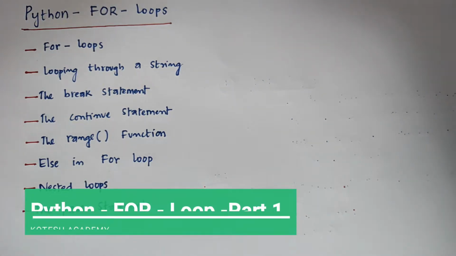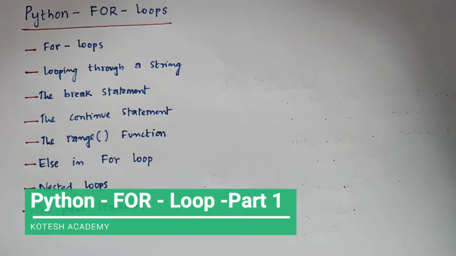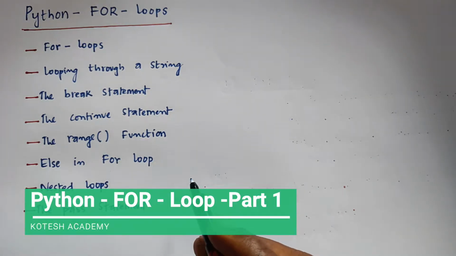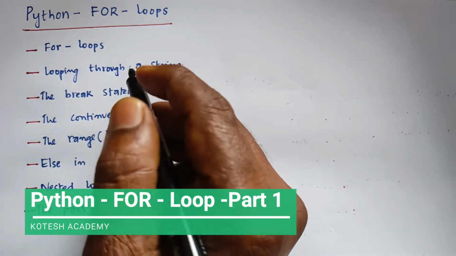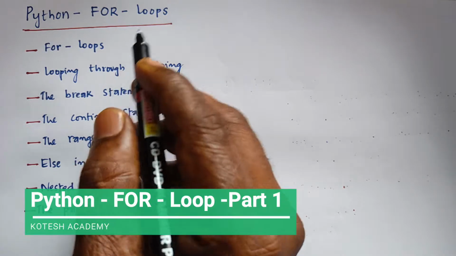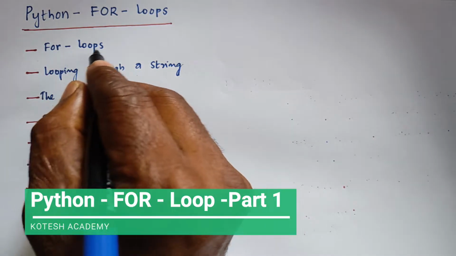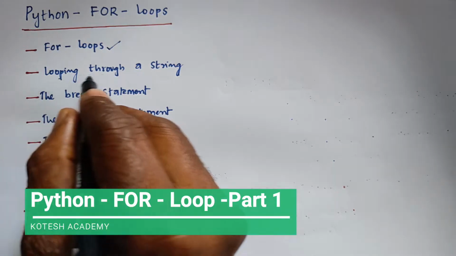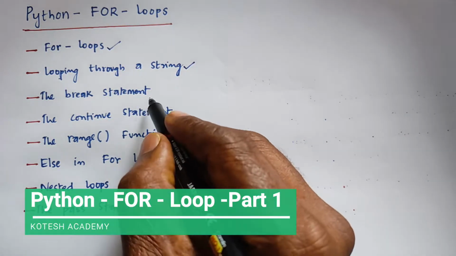Hi friends, now we are going to talk about for loops in Python. It can be represented as various types of for loops. One is the looping process, another is looping through a string.